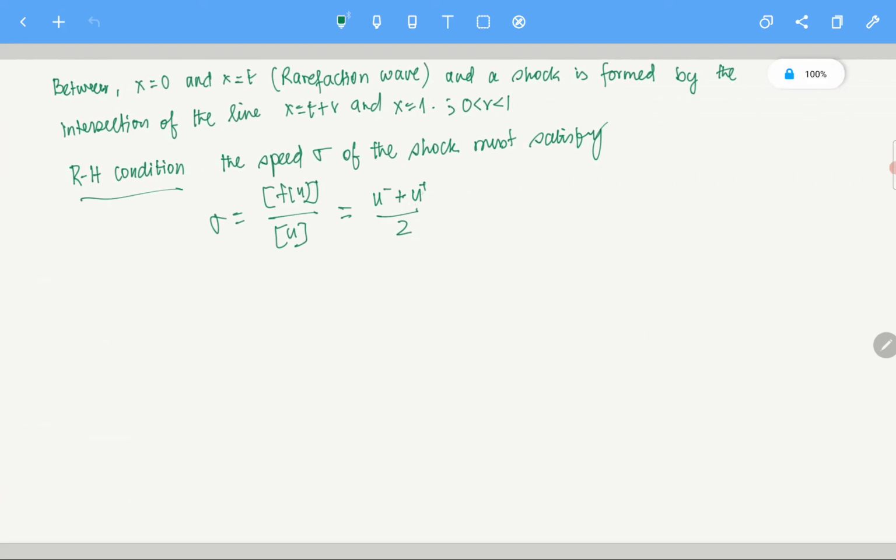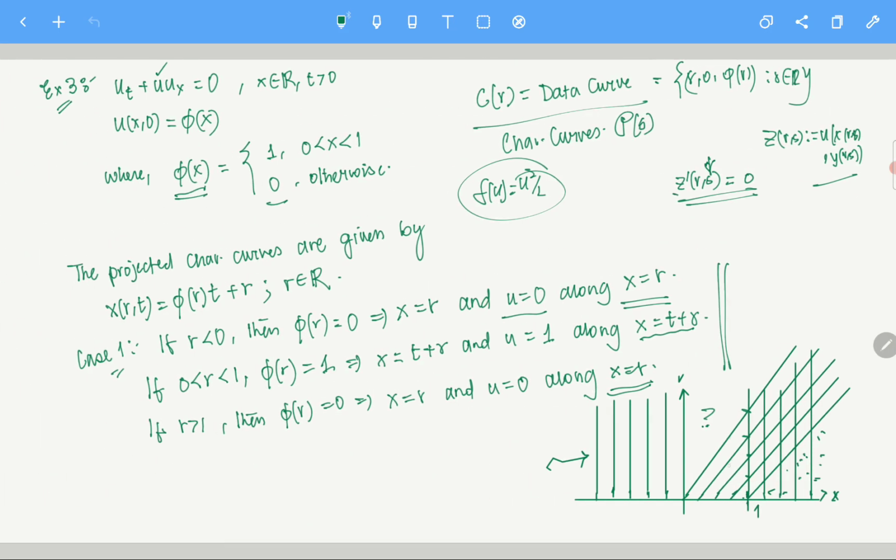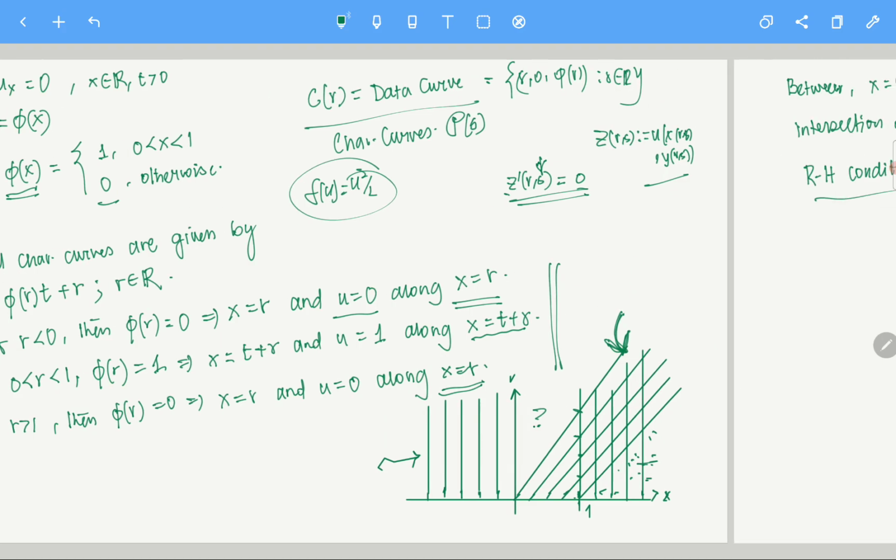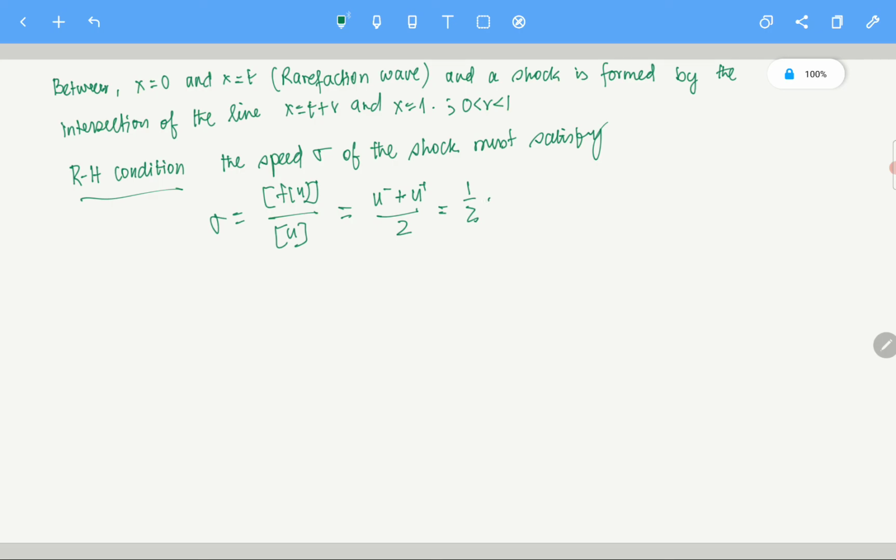So this is u minus plus u plus by 2. Along the curve of discontinuity, the shock curve, u minus is going to be 1 and u plus is going to be 0. So this will give you half. Clear?